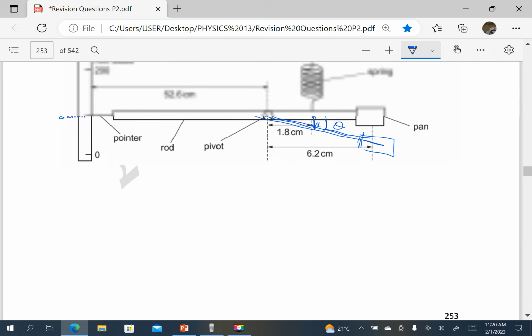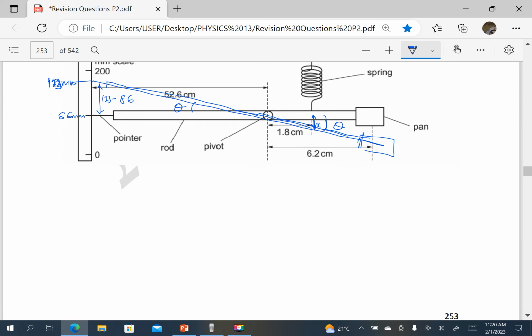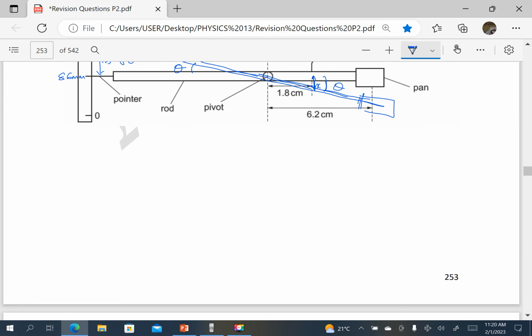So I will draw a simple illustration here just for understanding purposes. So this is going to be the horizontal equilibrium position, and this is another equilibrium position, but the pivot is somewhere here. I'm saying this angle here is the same as the other one there.